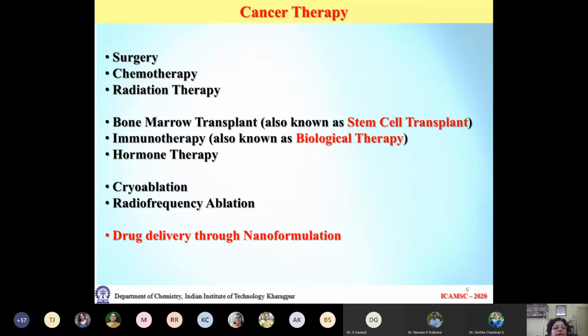And radio frequency ablation is where you apply heat in the form of some electrical energy, and that is how you kill the cells which are carcinogenic. The last one, which is the alternate therapy which we have, is drug delivery through nanoformulation.